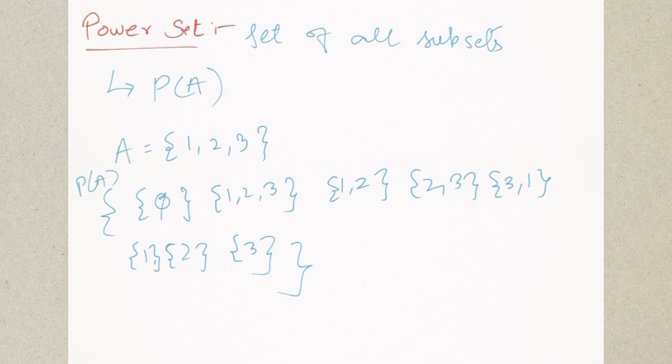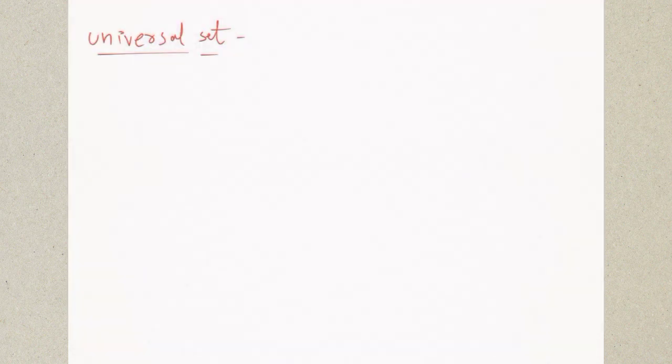Understood? That's all. Now we will see one more important thing, that is the universal set. Very important. This is a set consisting of all possible elements which occur in the discussion, and it is called the universal set, denoted by the letter U. So when you are writing U, it's nothing but the universal set.